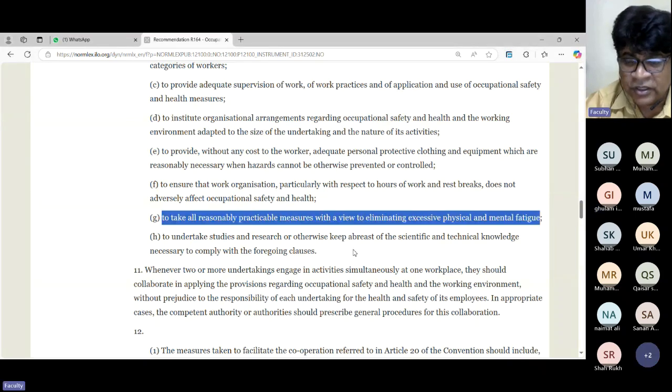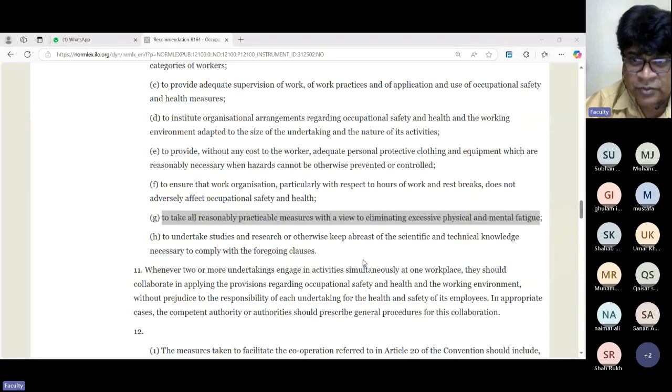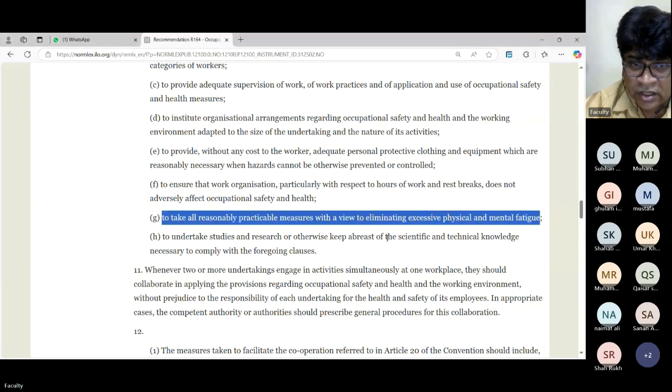So when workers work, they are subjected to both physical pressures and mental pressures. Fatigue means getting tired. That is called fatigue. So when there is physical and mental fatigue, it is trying to say that the company, the employer, should provide all reasonably practicable measures.